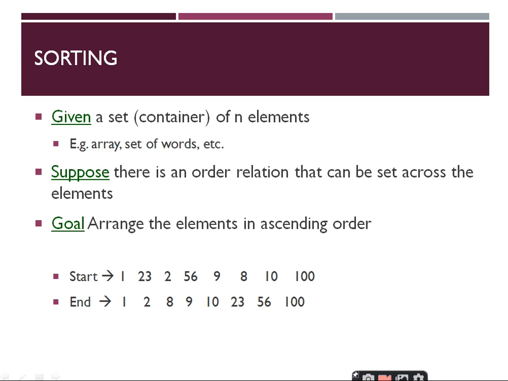Now here, given a set of n elements, we'll have to start by arranging the elements in a particular order. As you can see here, the elements are as given here: 1, 23, 2, 56.